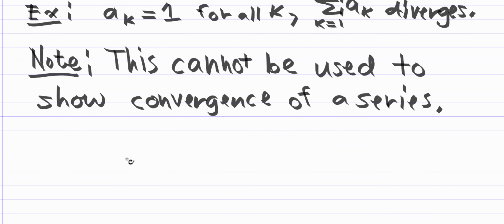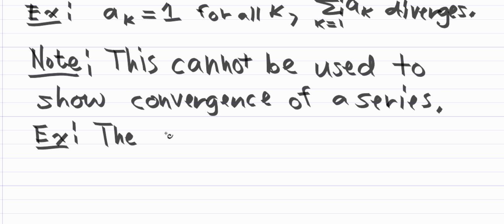And it's very tempting to do this. When you first see this as a tool, you say, oh, well, the limit of the entries is 0, and therefore I have convergence. But it is not the case that this works out. And the classic example is that of the harmonic sequence.